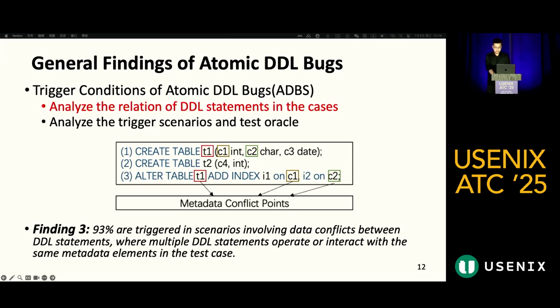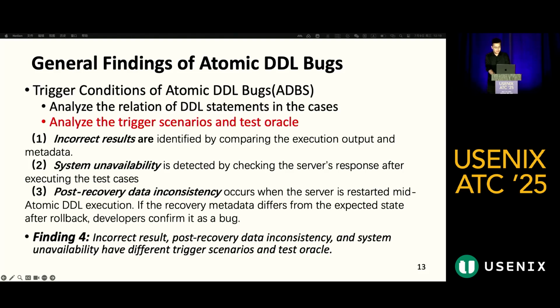These conflict points reflect the data dependency between different statements, which can help trigger more code behaviors of atomic DDL for detecting ADBs. In addition, we also analyzed the trigger scenarios and summarized 3 test oracles. The first is named incorrect results, and it is identified by comparing the execution output and the metadata.